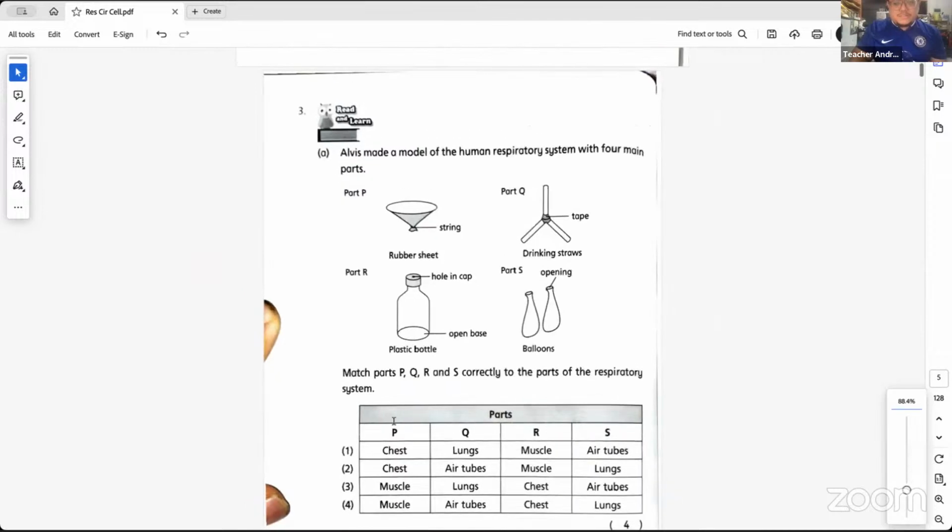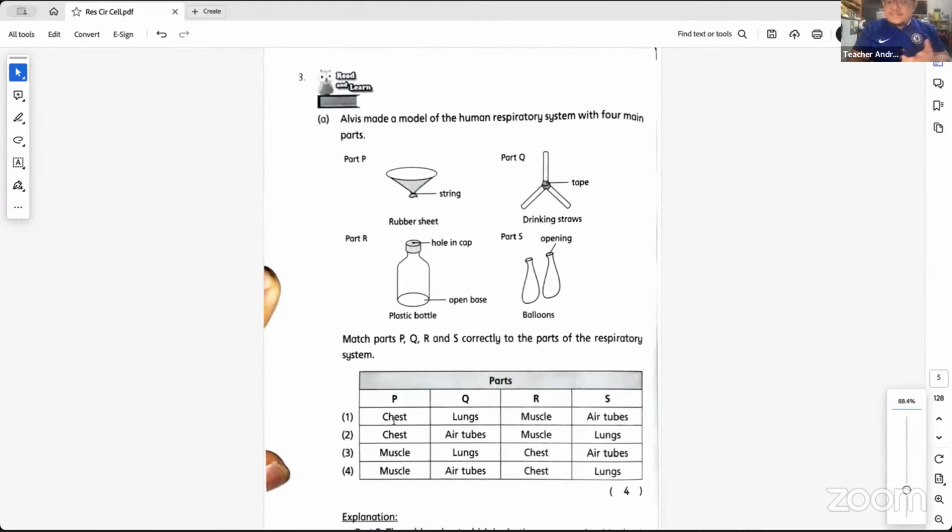Oh yeah, this is the question. One example of the experiment that the teachers would like to ask the students to do in class is to have a plastic bottle cut away half, put a balloon below with a string that you can pull down, and a drinking straw to blow or take in air, and a balloon inside to act as lungs.